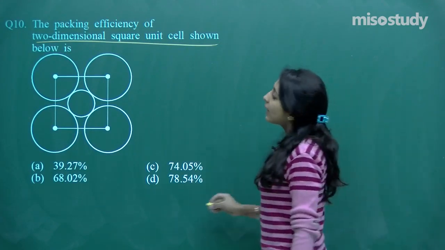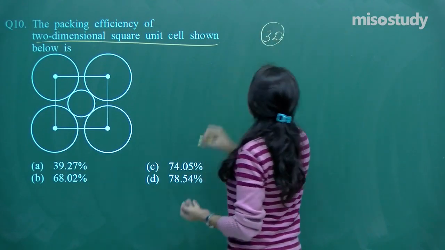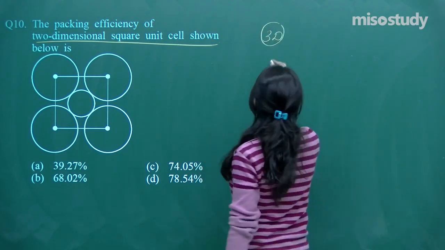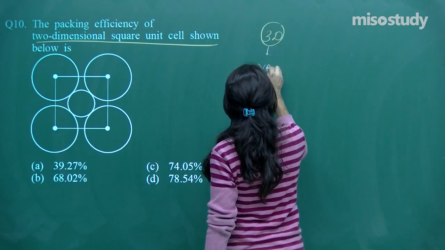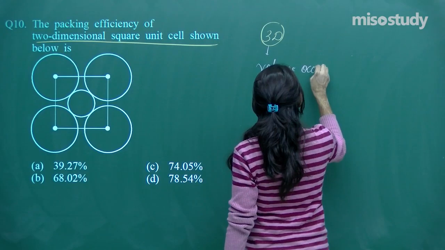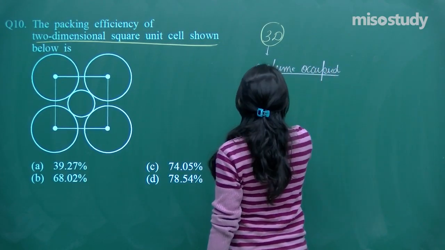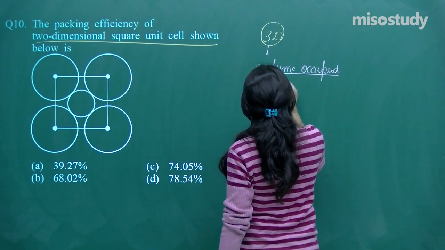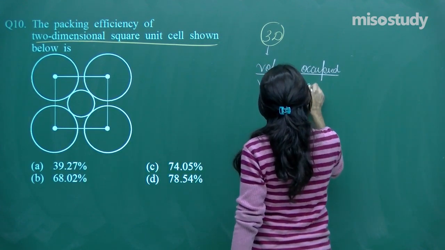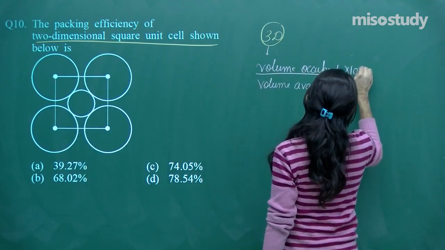See guys, if it would have been a 3-dimensional unit cell, then the packing efficiency would have been given by volume occupied divided by volume available, multiplied by 100.